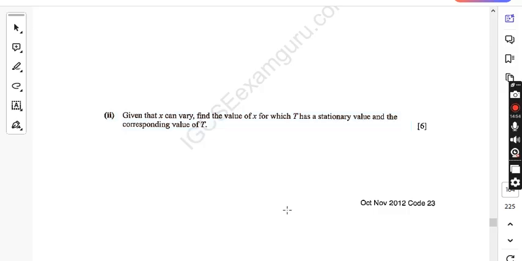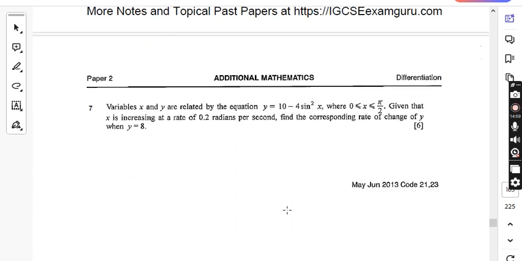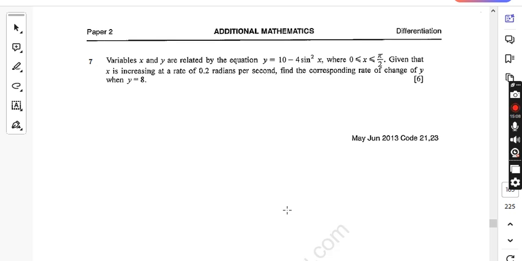This question came in October-November 2012, paper 2-3. The next question: variables x and y are related by the equation y equals 10 minus 4 sine square x, where x is 0 to pi upon 2.